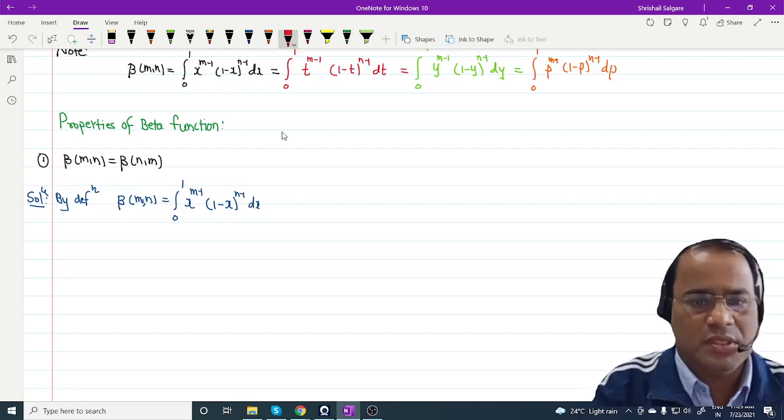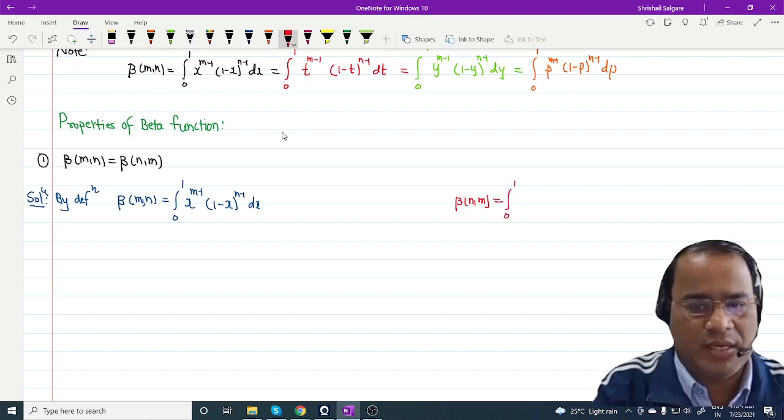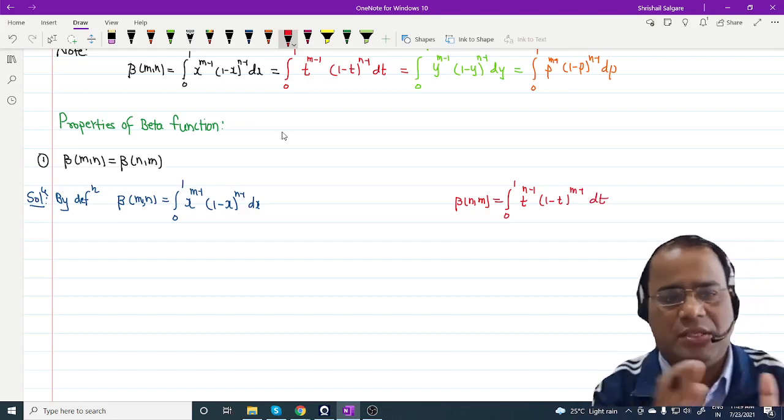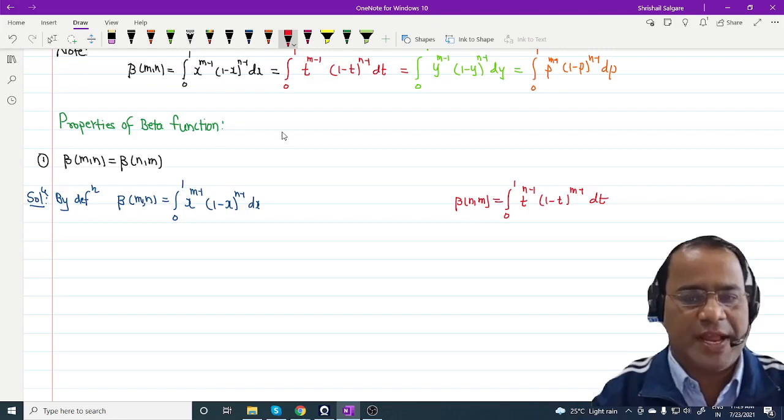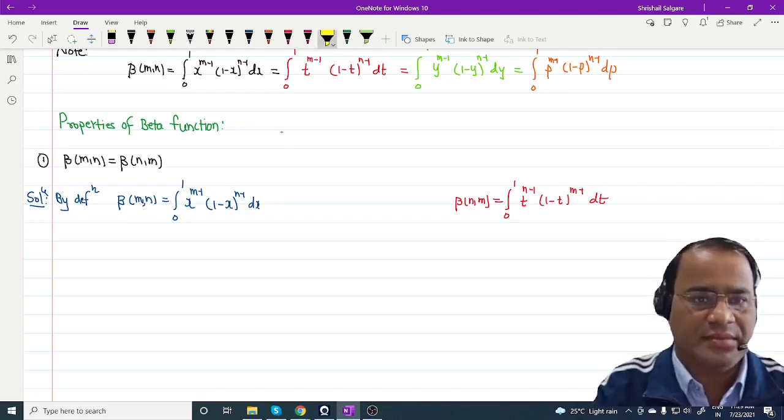And suppose this integral you are reducing to beta of nm, which by definition is 0 to 1 t raised to n minus 1 into 1 minus t raised to m minus 1 dt. If we compare these two integrals, can you guess what will be the substitution for x?